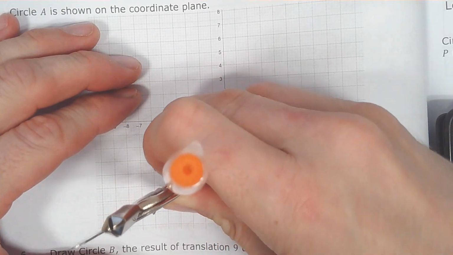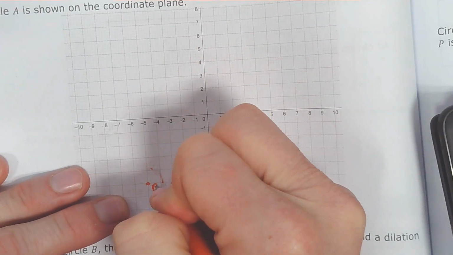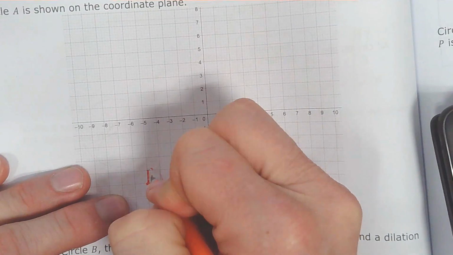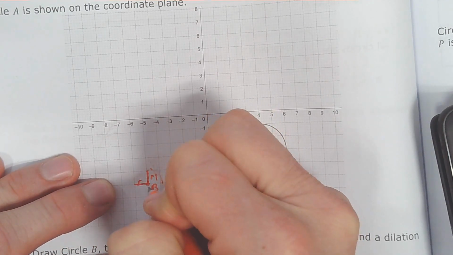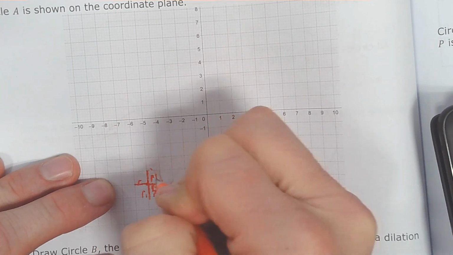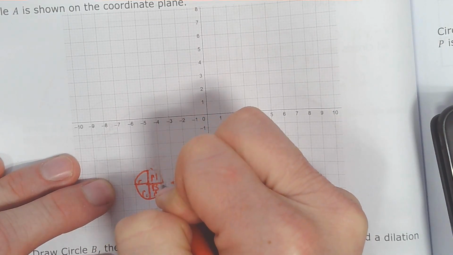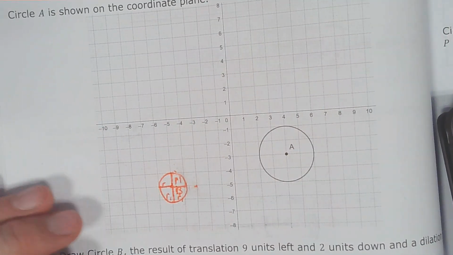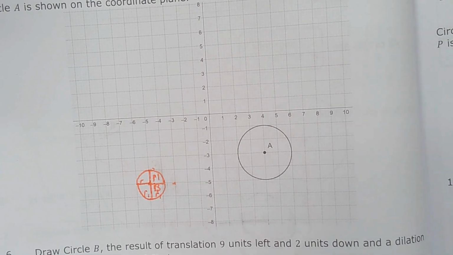Let's see if I can get this to work. Nope, can't get that to work. All right, so I'm just going to make this radius 1. A circle with a radius of 1. Maybe I can just do this. That's kind of better, I guess. That's B.